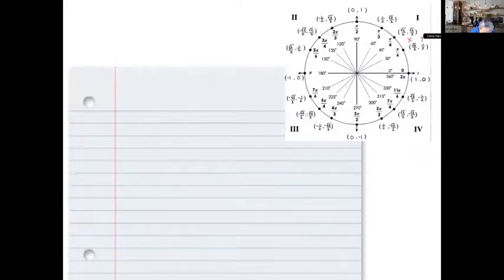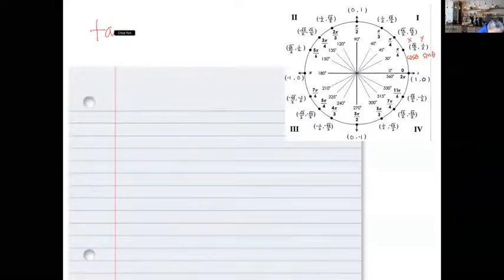The x-coordinate is also the cosine of the angle, and the y-coordinate is the sine of the angle, right? Then for the tangent, let's use x instead.